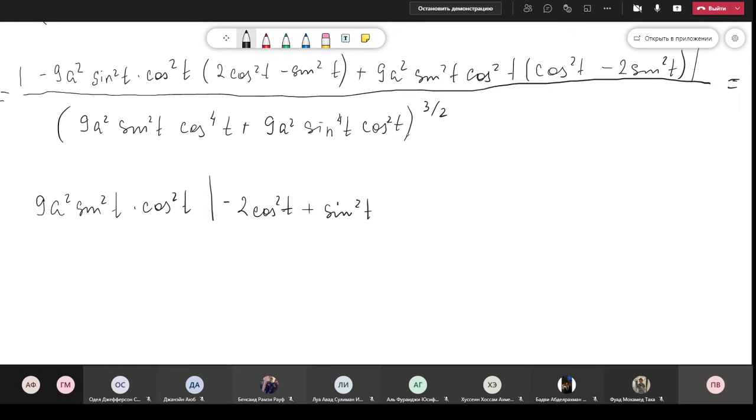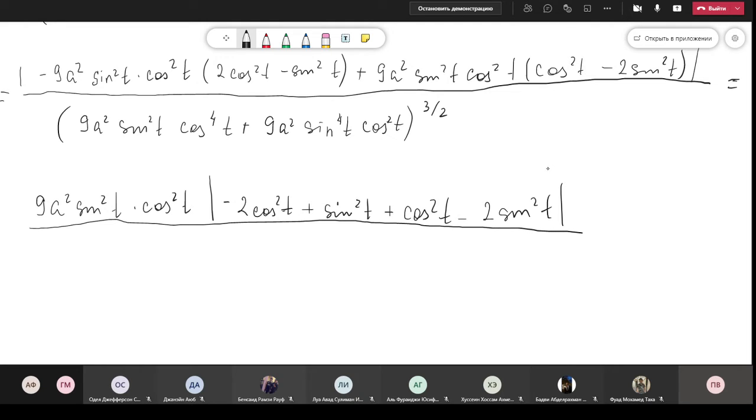Yes. Then 9a squared sine squared of t and cosine squared of t. We took out our modulus. And in our modulus, we stay with just this bracket, plus cosine squared of t minus 2 sine squared of t. Close our modulus, and all of this divided by what we can usually take out of this bracket.